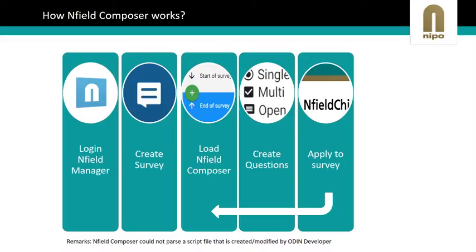When you create the survey, the first screen you will get is the project details, and where you used to upload the questionnaire, the script, you will see you still have that option. Of course, you can work with the developer. You will have the upload button there, but next to that you will have a button that says Composer. Just click the button and it will load the Nfield Composer.